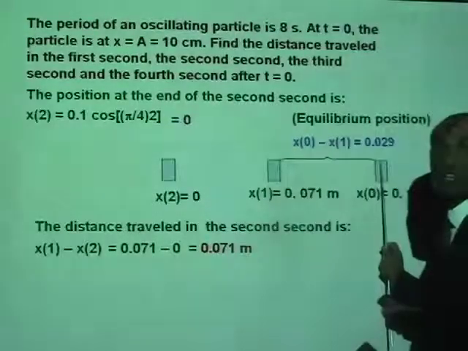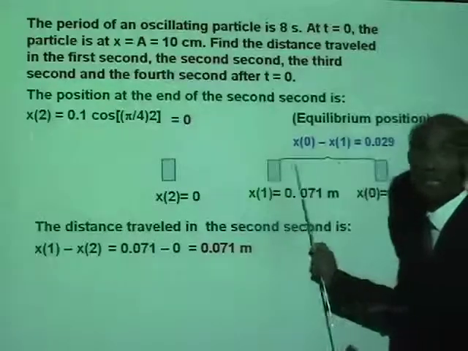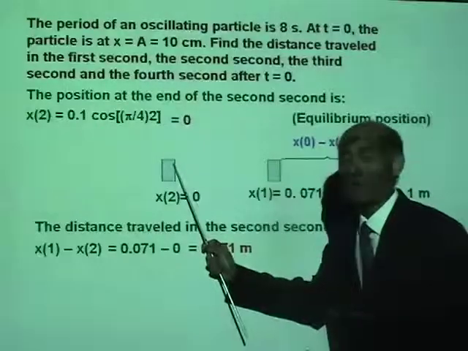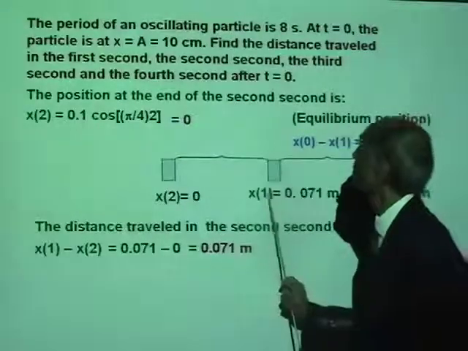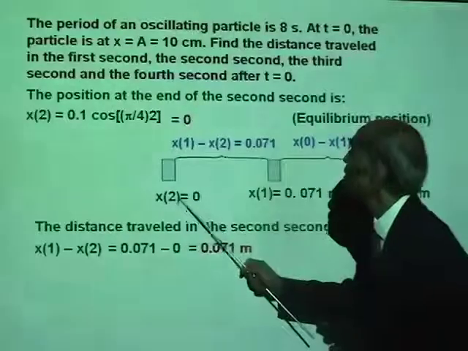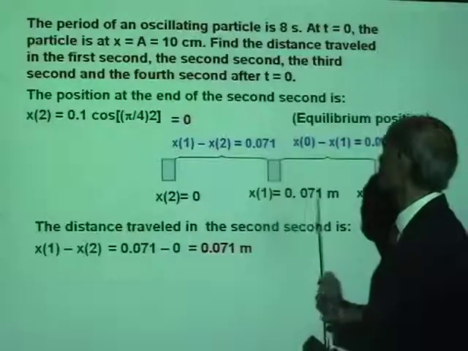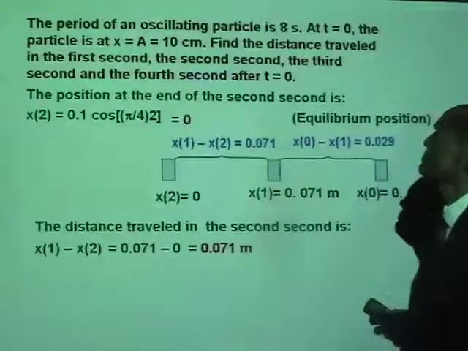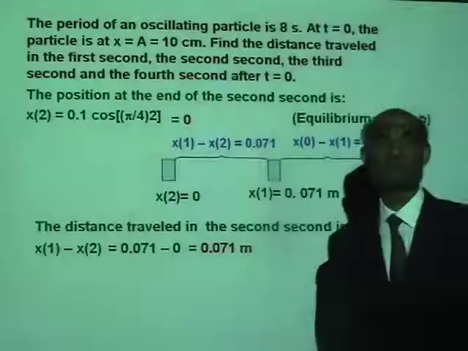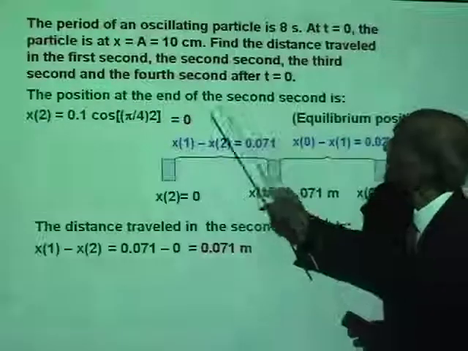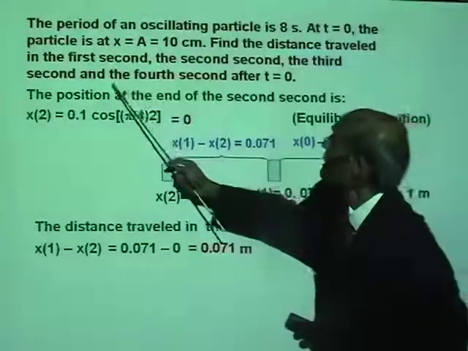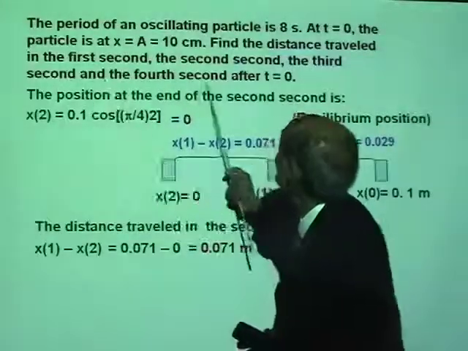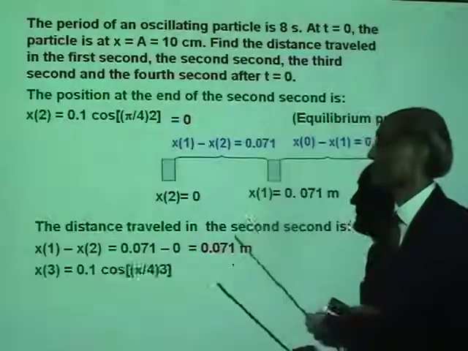The first second, the object travels from here to here. The second second, it travels from here to here. What is that distance equal to? It will be x of 1 minus x of 2. That will be 0.071 minus 0. That is 0.071 meter.